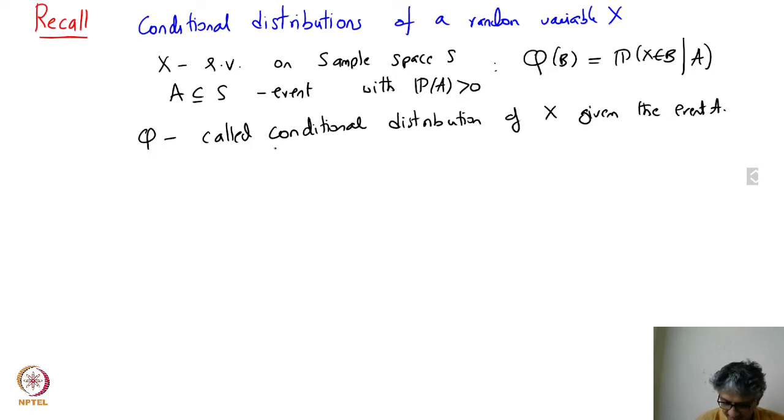So this is the conditional distribution of X given A. Then we studied this with regard to an example.